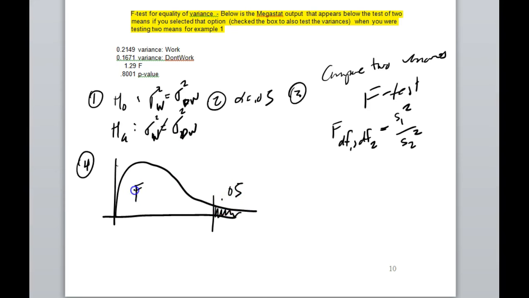So we have a fail to reject region of 0.95, a rejection region of 0.05, and we need to find what our F crit value is. F crit is going to equal F of the degrees of freedom of the larger value, so degrees of freedom large, comma, degrees of freedom small. Okay, so what are our degrees of freedom here?